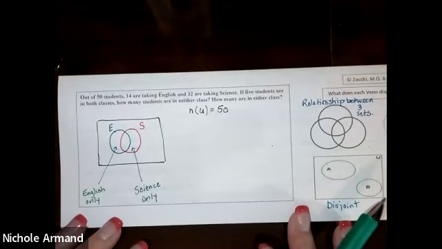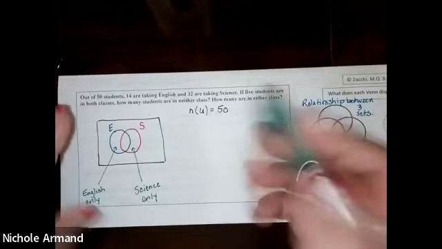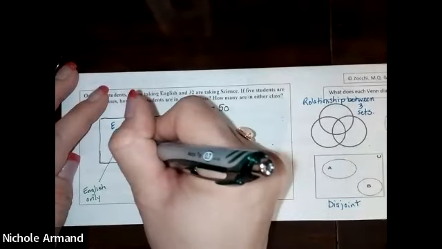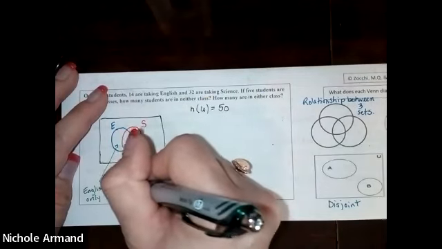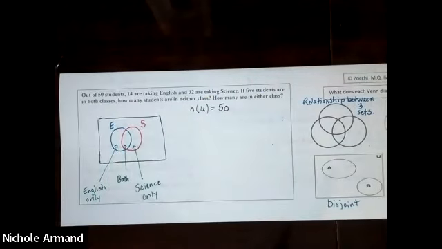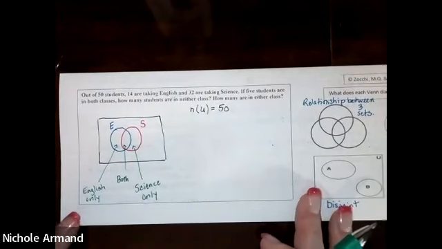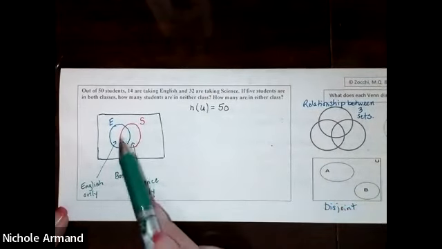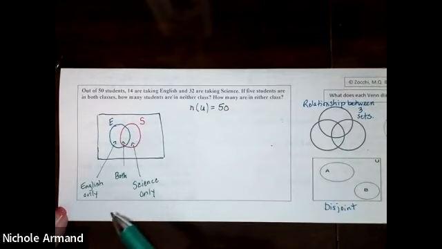And we know that that is the intersection from what we did before. And so that's going to be both. So what we want to do here is figure out what the cardinality is of each of these 3 areas of this Venn diagram.